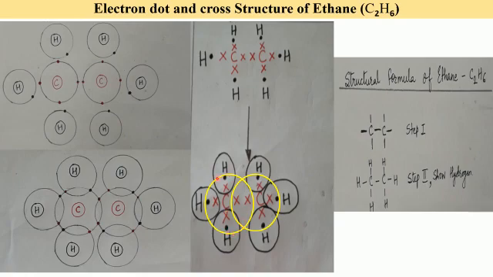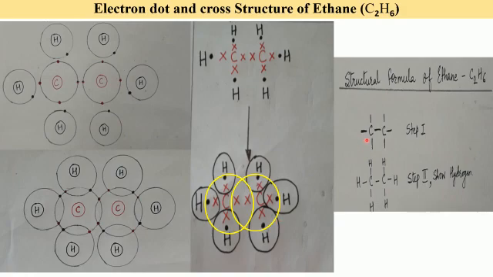So this is one orbit, that is octet, which is formed for first carbon. 1, 2, 3, 4, 5, 6, 7, 8. Same way, this circle here shows the 8 electrons for this carbon. 1, 2, 3, 4, 5, 6, 7 and 8. So that is how the octet and duplets are established.